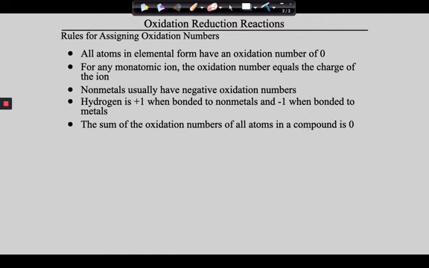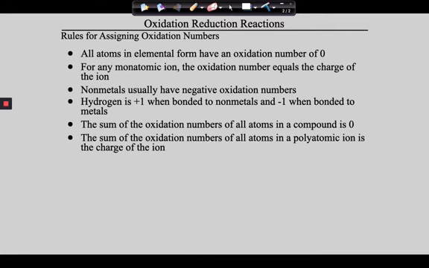And guys, rule number 5, the sum of the oxidation numbers for all the atoms in a compound is 0, and the sum of the oxidation numbers for all the atoms in a polyatomic ion is the charge of the ion. And gang, again, I don't expect you to understand any of this, but it'll give us a common language that we can talk about as we get started.